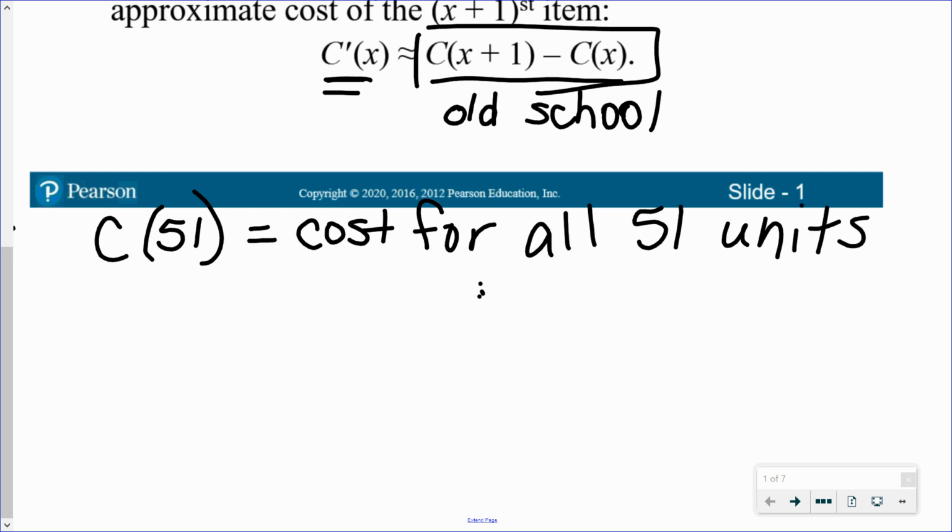Okay, what if I just want the cost associated with the 51st unit?